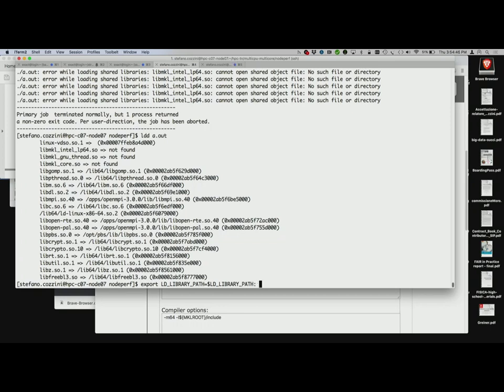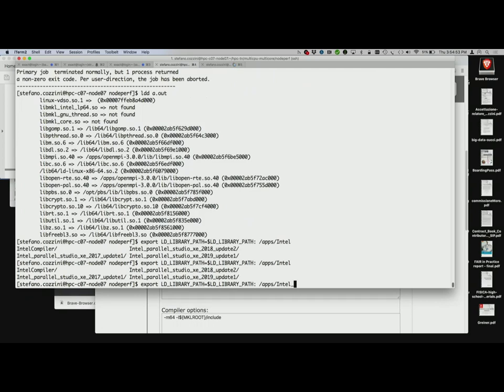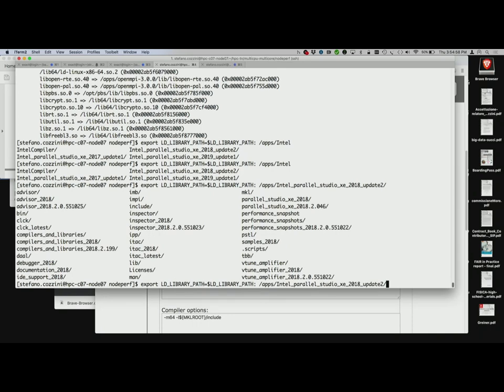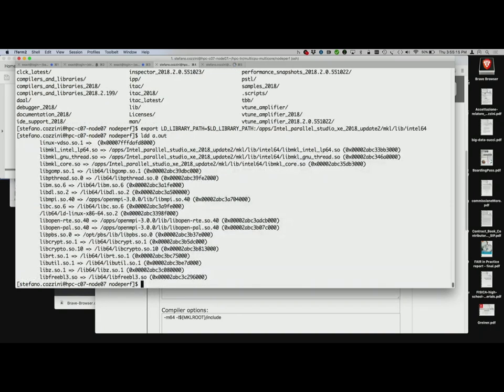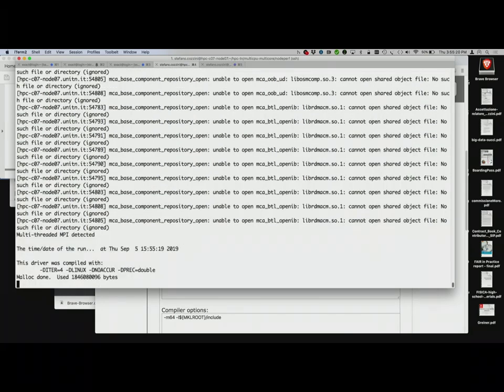I have to go by heart: apps, Intel, Parallel Studio 18, MKL, correct? Yeah, not NKL, but MKL lib intel64. Okay, everything is there.